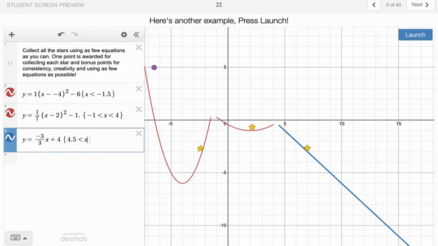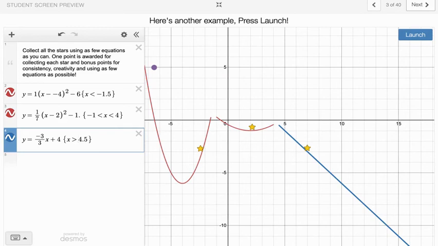So if I get rid of this for a second, you'll see that this one cuts across the y-axis at 4 and then goes down 3 over 3. And so that's where these are coming from, but we needed it to cut off right around 4.5. And so we did this. But once again, notice this is backwards because it's saying x is less than, so it's going to the left of 4.5. I want to flip this around so that it's facing the proper direction.